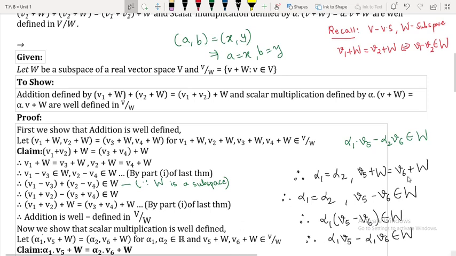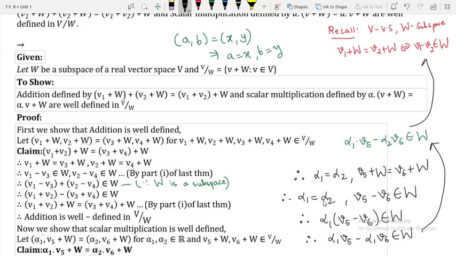But we wanted to show that alpha 1 V5 minus alpha 2 V6 belongs to W. So am I through? Can I say that alpha 1 is nothing but alpha 2? Yes, I can, because alpha 1 is alpha 2 only. So this will be the same as what we wanted.